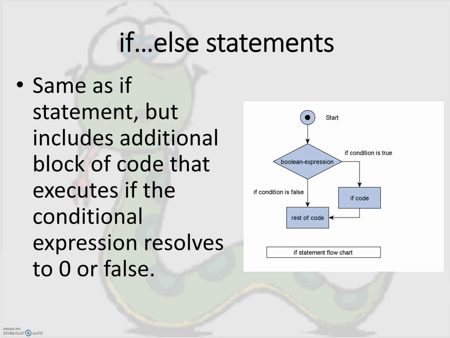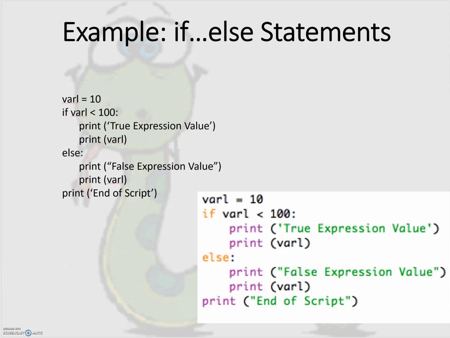An if-else statement is the same as an if statement, but includes an additional block of code that executes if the conditional expression resolves to 0 or false. So now let's do some simple examples, and then we will go over the nested one.